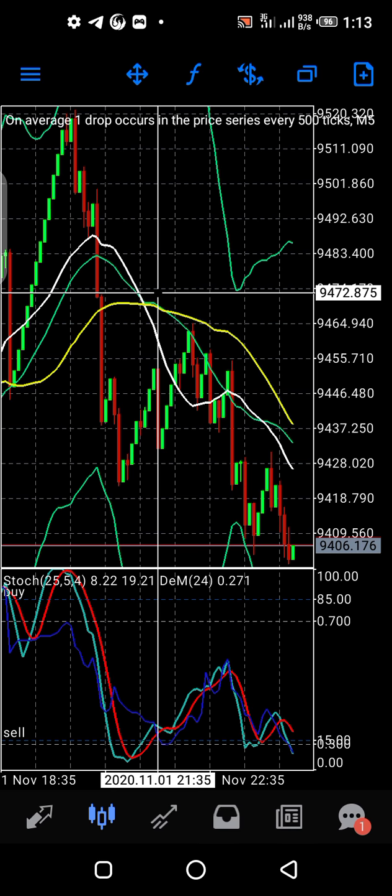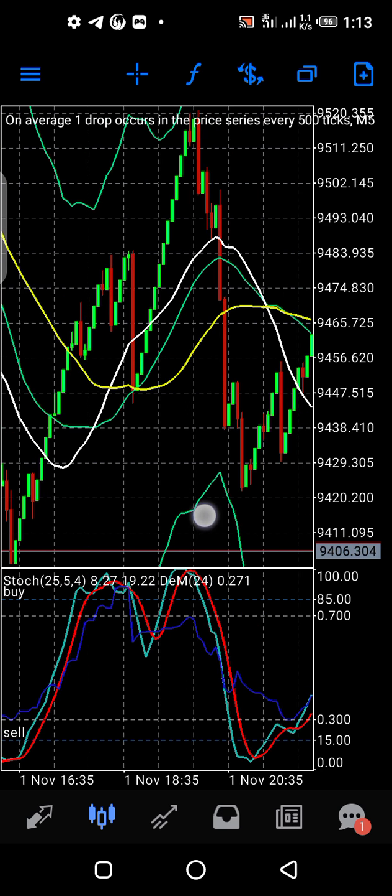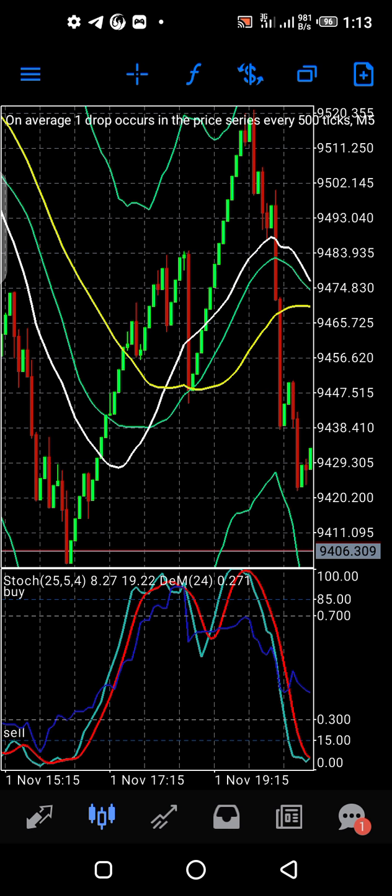Alright, now how do you catch spikes fast? It's very simple, very, very easy to catch spikes.